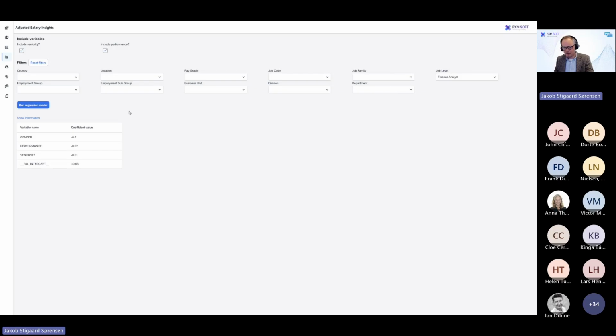Again, making sure that your equal pay scenario doesn't become a subjective exercise, but is supported by the structures and the data that you have in the application.